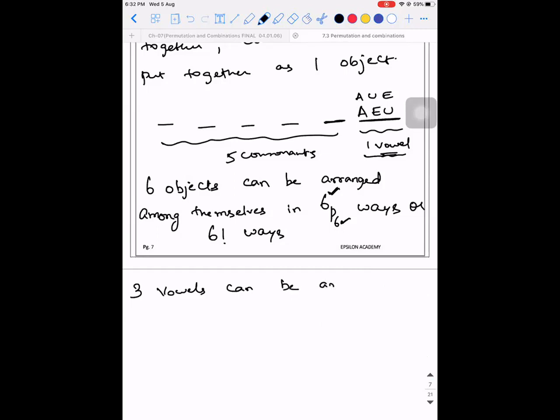The 3 vowels can be arranged among themselves in 3p3 ways because I have 3 vowels and 3 blank spaces, that is, 3 factorial ways. I hope the complete process is clear. Is there any doubt, guys?